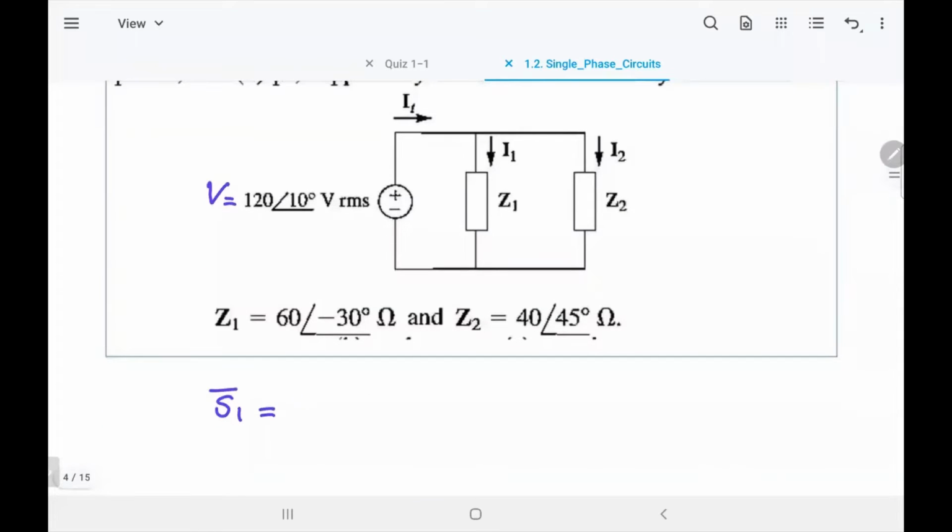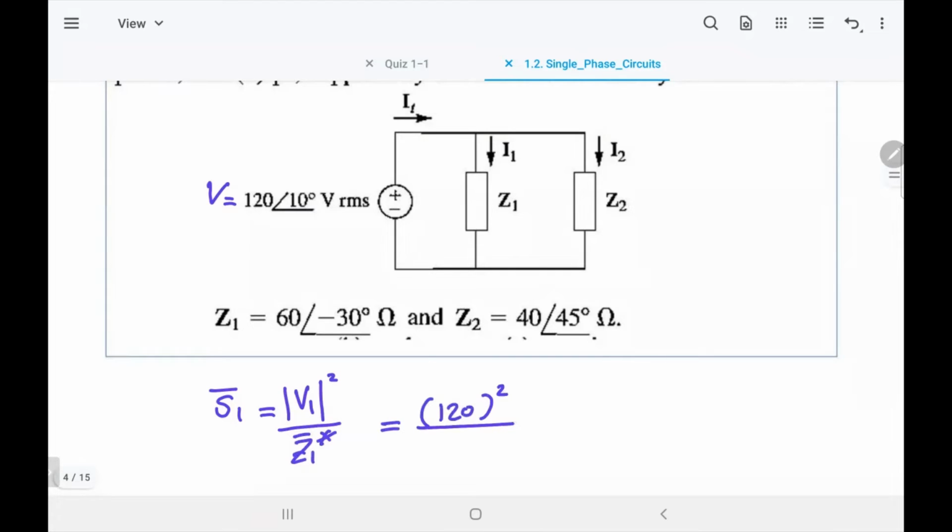The voltage across Z1, I say V1 squared, divided by, not Z1, exactly, the conjugate of Z1. Z1 conjugate, all right. What is the V1 magnitude? What is the voltage across Z1? 120, exactly. And that will be squared, divided by Z1 conjugate.